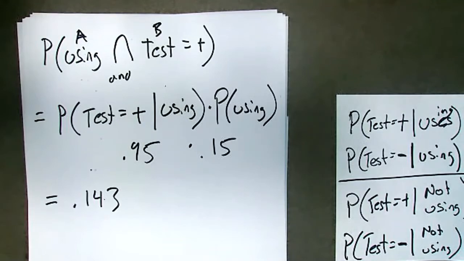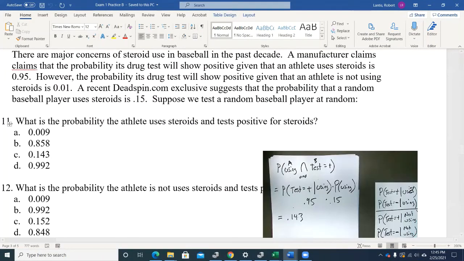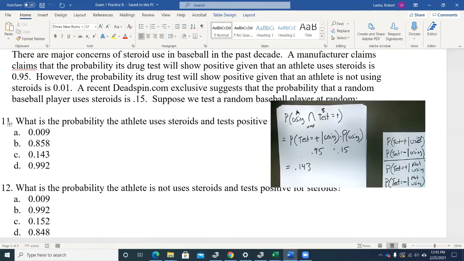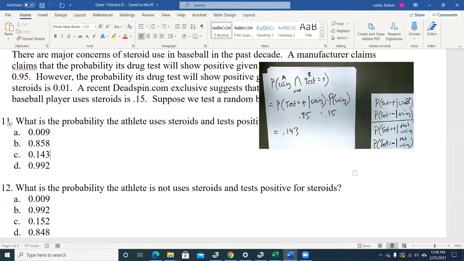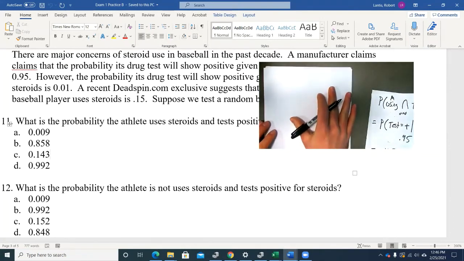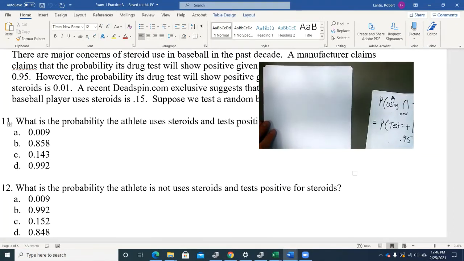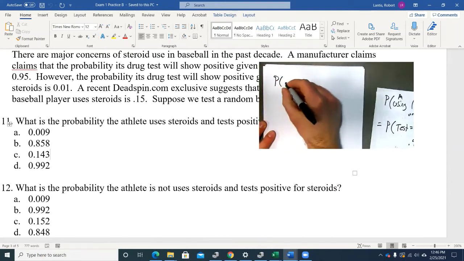All right, so now we'll go to the next problem, and do the same sort of thing. I'll leave this up here so as I'm writing, you can see. What's the probability an athlete is using steroids and tests positive? Now what we're looking for is, what did I say? I actually might have said it wrong.